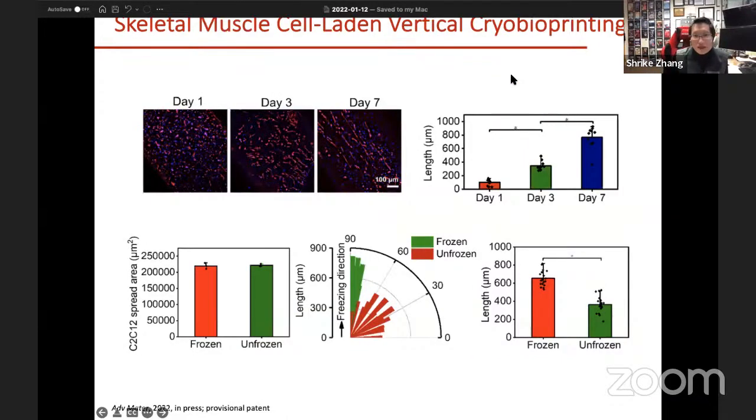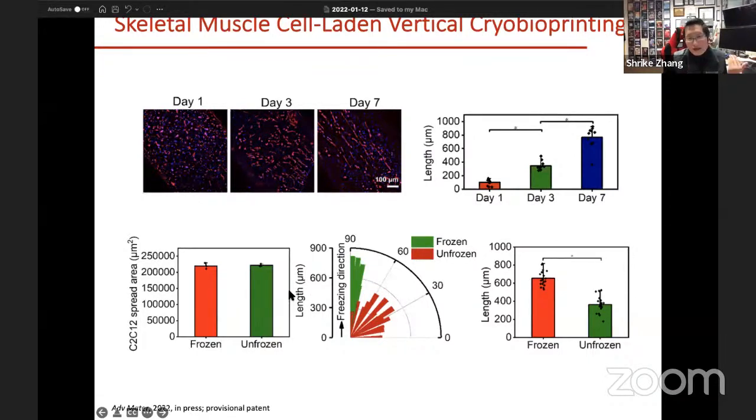And if you quantify how the cells are behaving, right? So these are basically how the cells are aligning over days in these vertically printed cryo bioprinted structures. Day 1, no alignment. Day 3, some alignment, but by day 7, you can have very nice alignment of cells along the same one direction of the fiber, because again, you have all the aligned pore structures along that direction.